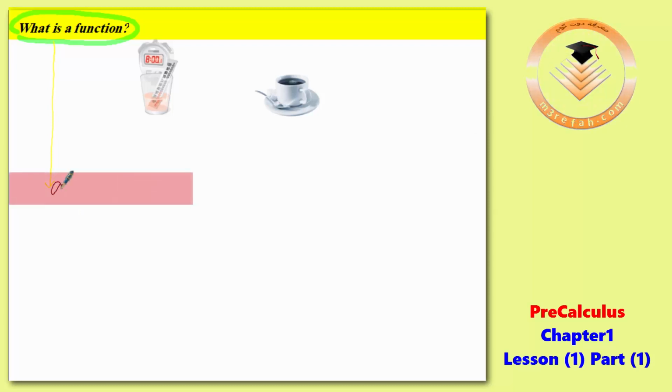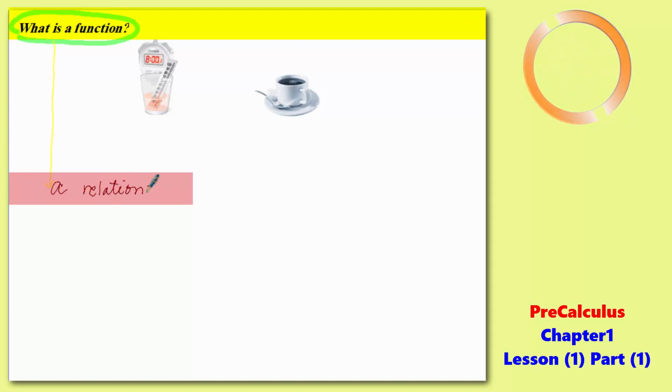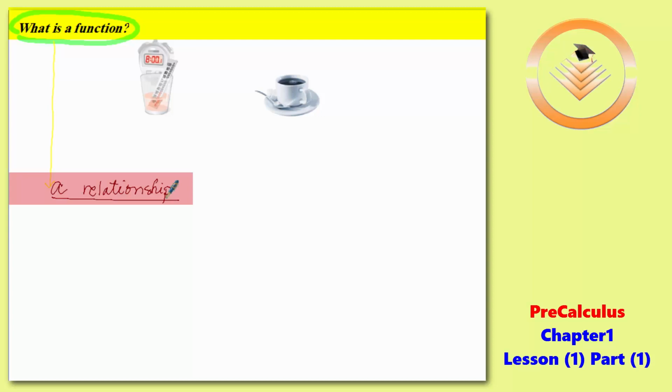Now, I'm going to give you an example which will show this relationship. So we have a coffee here and we have a timer. For example, you just poured a cup of coffee.